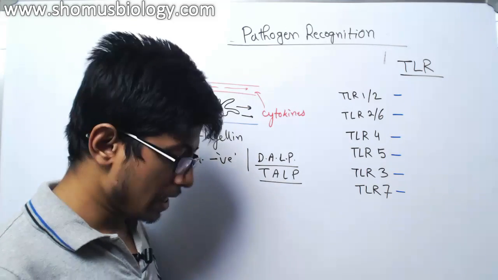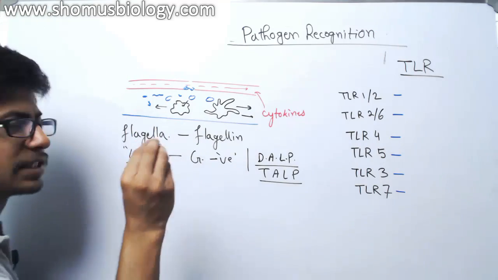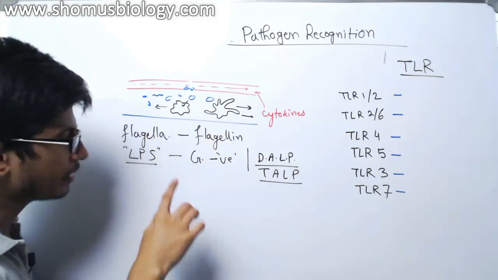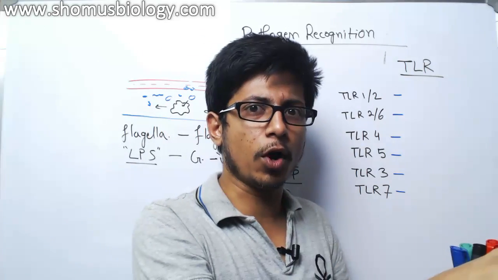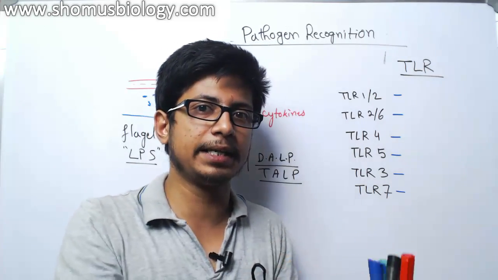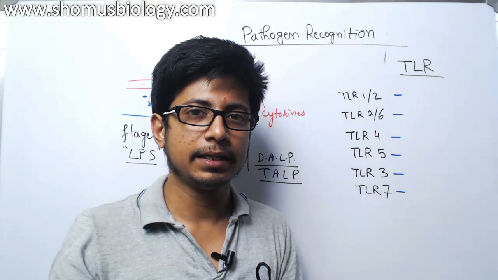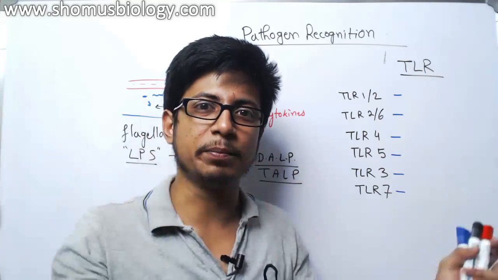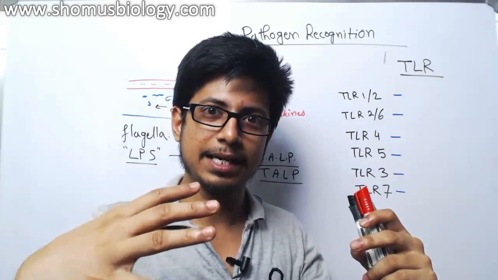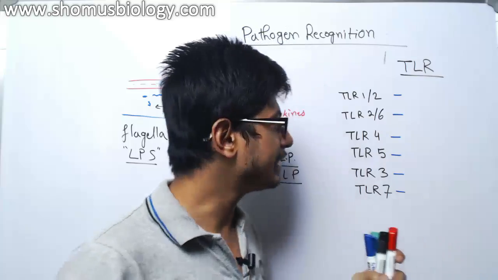So whenever they find these things, flagella fragments, LPS, in this region of the tissue, they realize something is wrong, this should not be present in the tissue, so definitely something is invading us. So let's find that out, and let's bring some more people into this place and start to search. That is the idea here.